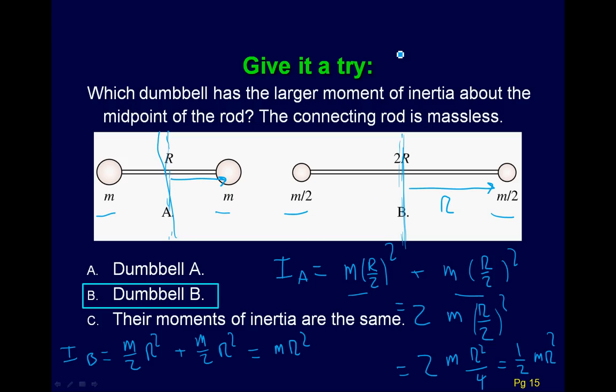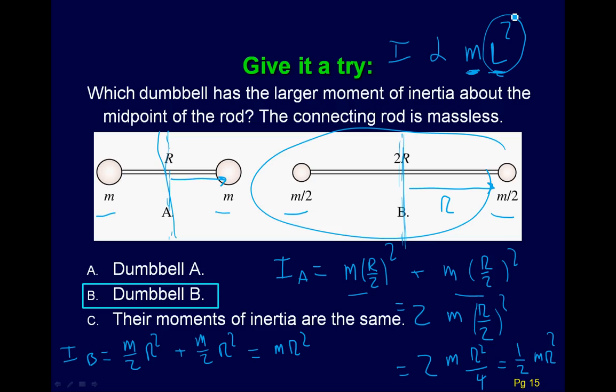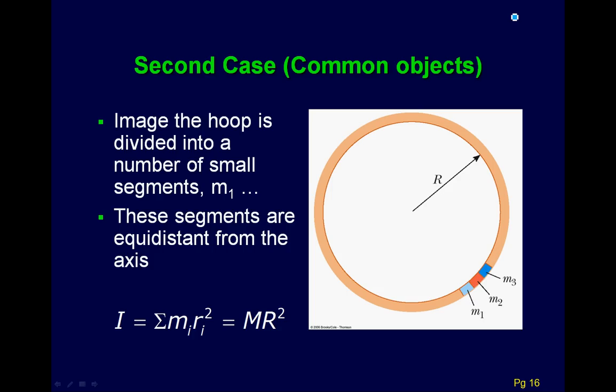Another way to think about this is that moment of inertia generally goes like m times length squared. Here you doubled the length and took the mass in by half in this second case, but since it's length squared, the doubling of the length is in a sense more important. So the length is more important than the mass difference, and that's why it comes up bigger.